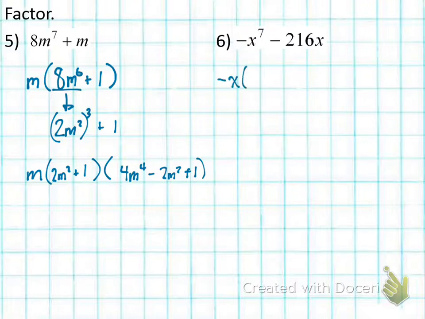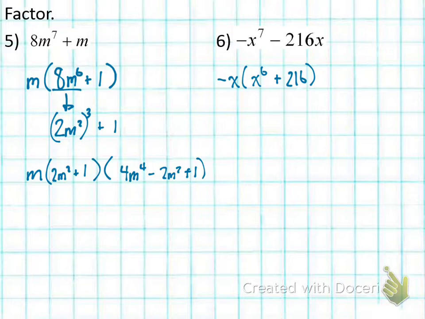Because I'm factoring out a negative sign and I'm factoring out an x, right? So we know that the negatives will turn into positives, so negative x times positive x to the 6th is going to be negative x to the 7th. Negative x times positive 216 is going to be negative 216x, right? So that's the first step. Finish it off. Ready, set, go.